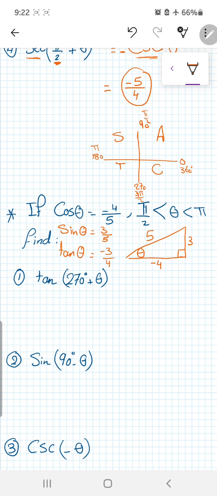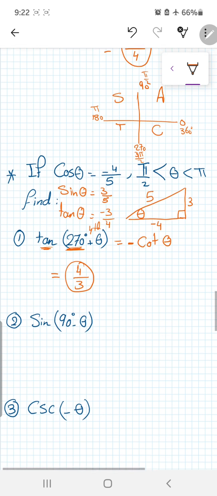Okay, get the values. Tan of 270 plus theta. 270 is odd, so tan becomes cotan theta. Determine the sign: 270 plus is in the fourth quadrant, tan in the fourth is negative, so negative cotan theta. Cotan is the reciprocal of tan, so 4 over negative 3, and with the negative here it is 4 over 3.